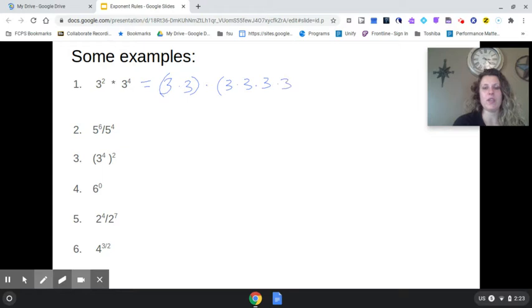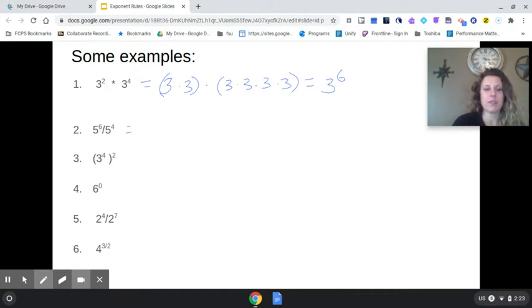So if we take a look at this, we see that we're just multiplying 3 6 times. Notice what we did with the exponents. 2 plus 4 gives us the 6. So that demonstrates why when we're multiplying two numbers that have the same base, we add the exponents together.